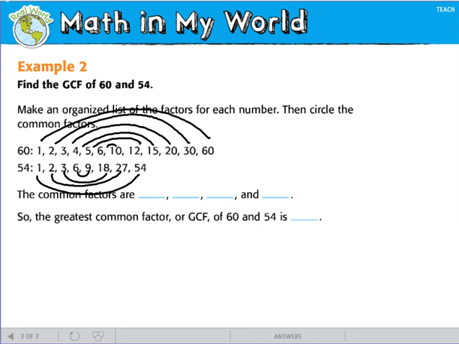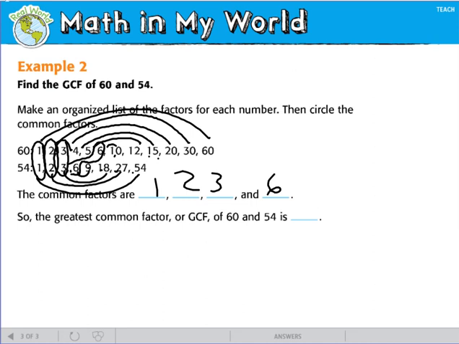Then we're going to circle the common factors. Okay? So I have 1, 2, 3. I have a 4 here, but no 4 here for 54. I have a 5, but no 5 for 54. 6, I have a 6. I have a 9, 10, 18, no 18, 27, no 27, 54, no 54. So my common factors are 1, 2, 3, and 6.